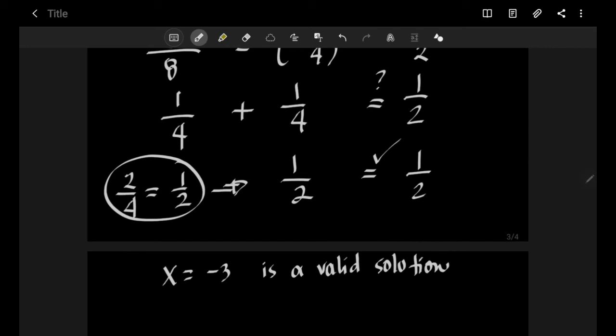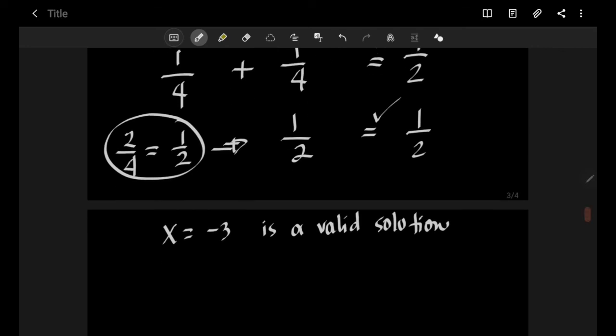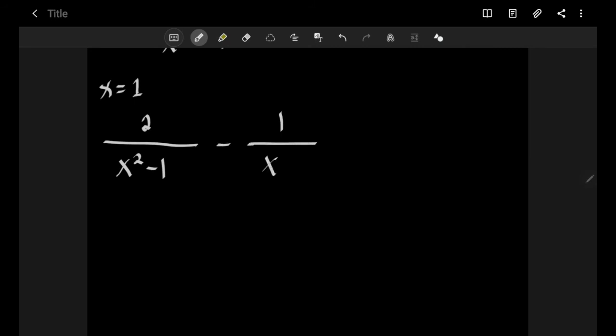Okay. Now, how about if x is positive 1? Okay. Magiging true kaya yung ating rational equation? So, let us see again. Write your original rational equation, which is 2 all over x squared minus 1 all over x minus 1 is equal to 1/2. Let us substitute the value of x, which is positive 1.